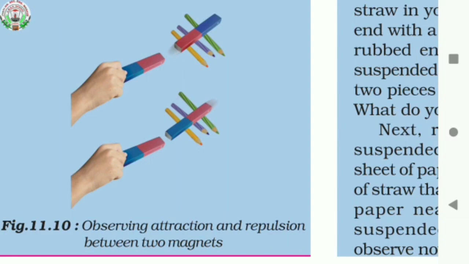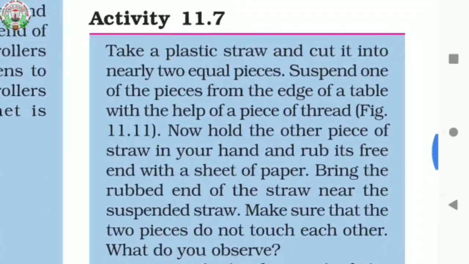Can you give the reason? Yes, it is because there is an attraction between the opposite poles of the magnet. That is, the north pole attracts the south pole. Because of that, the second magnet moves towards the first magnet.